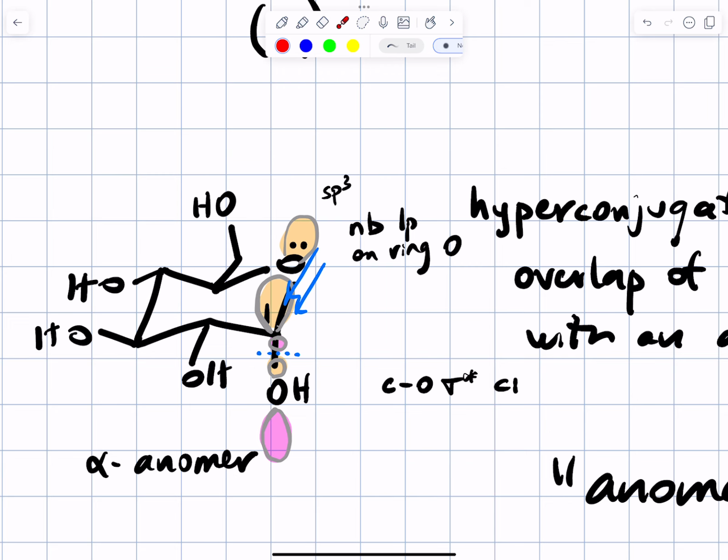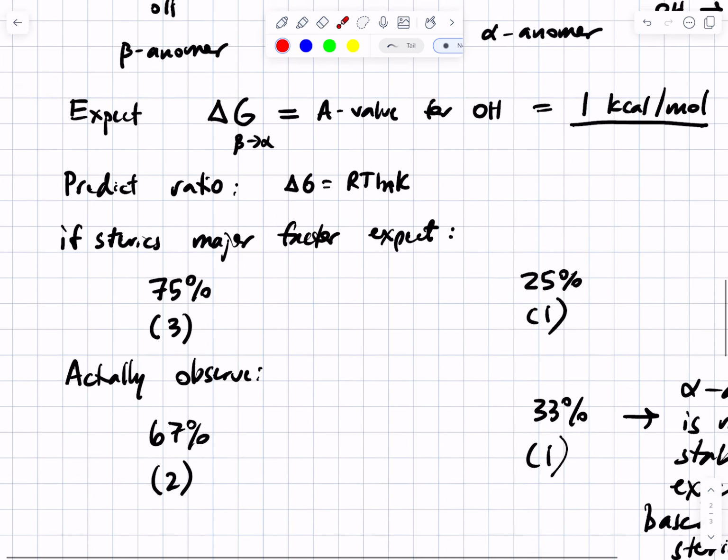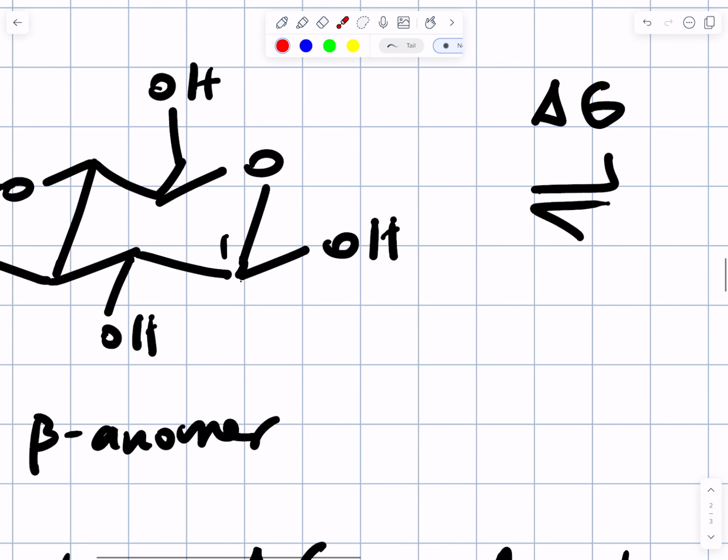The other thing I should point out in this story that I'm not going to draw, but I need you to imagine, is that hyperconjugation is less of a big deal for the beta anomer. The sigma star antibonding orbital points 180 degrees away from the carbon-oxygen bond. It would be pointing down here, whereas the lone pair is pointing this direction, they're not lined up with each other at all.